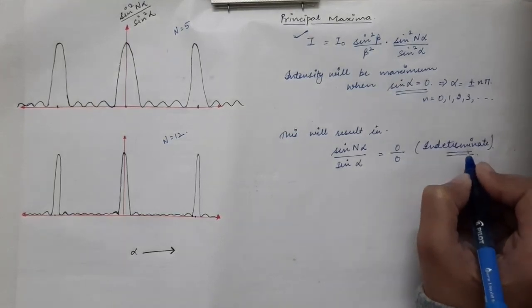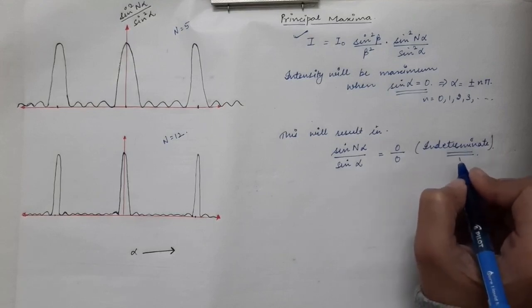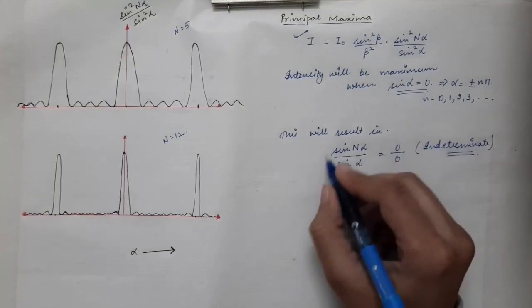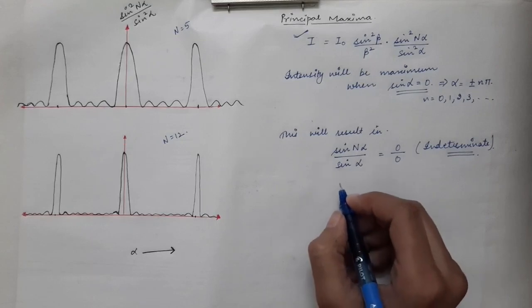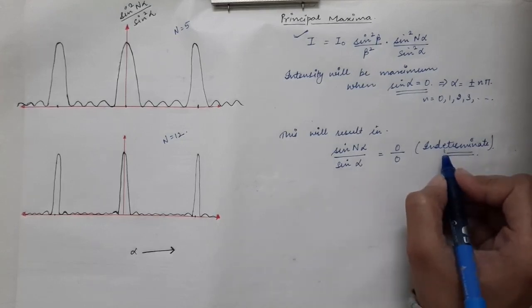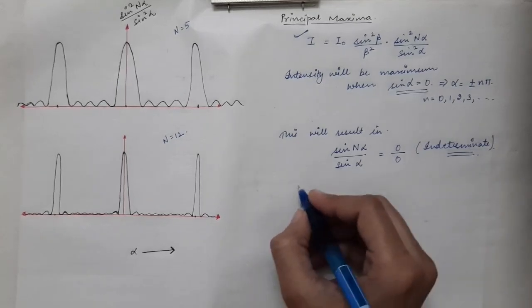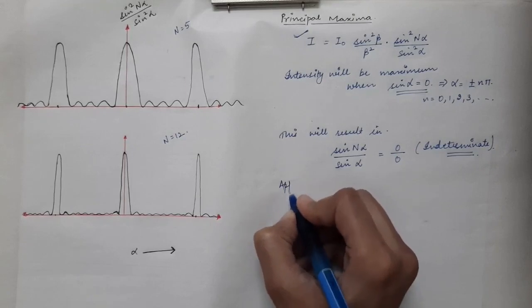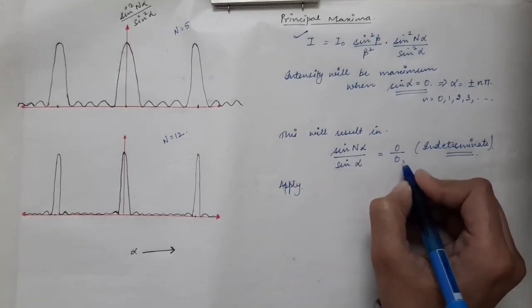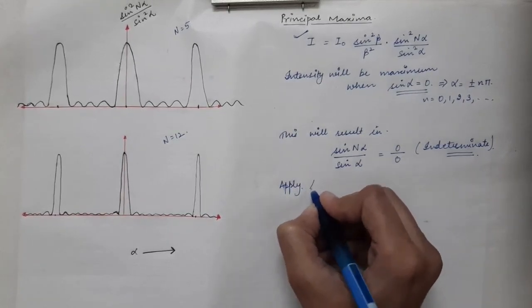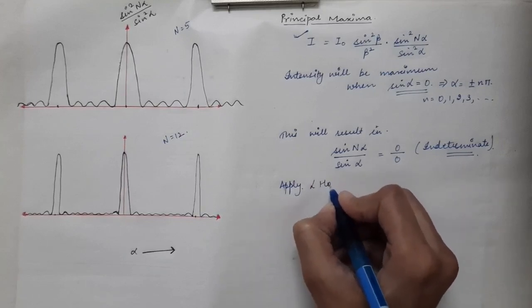So we will use the properties of limits to solve this term. You have already done in mathematics how to solve a 0 over 0 limit. If you have a 0 over 0 condition, you apply the L'Hospital rule.